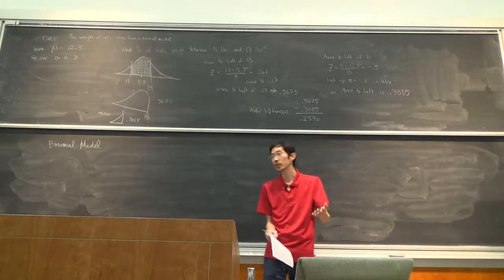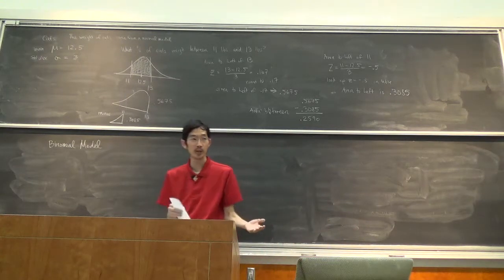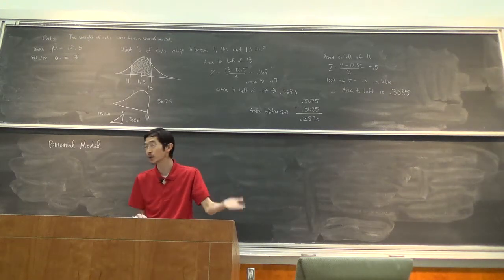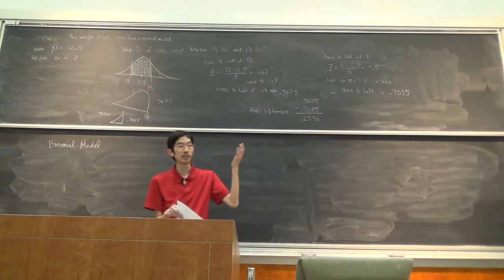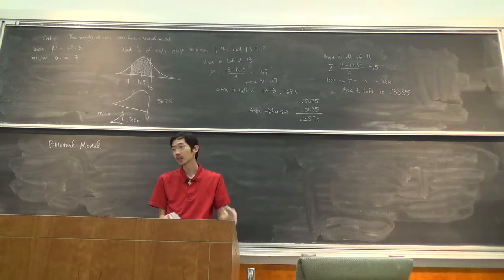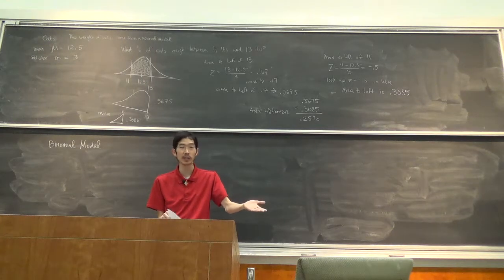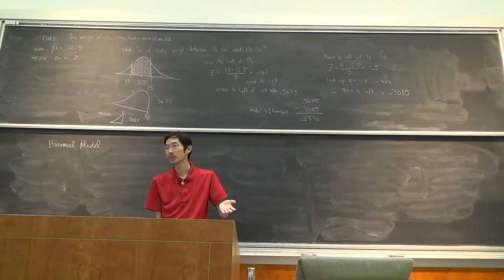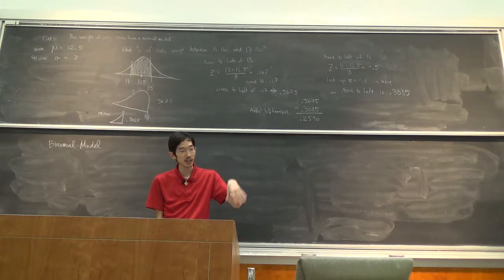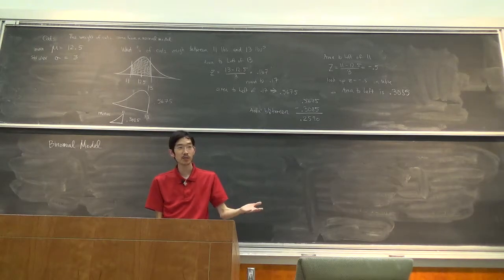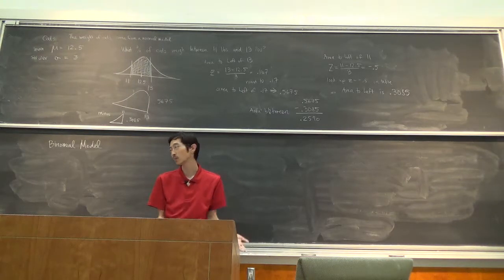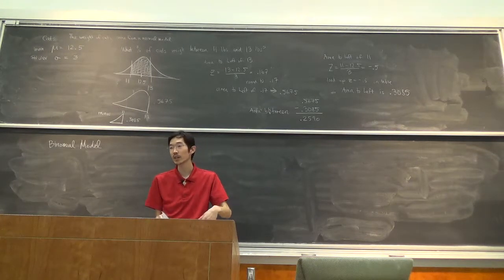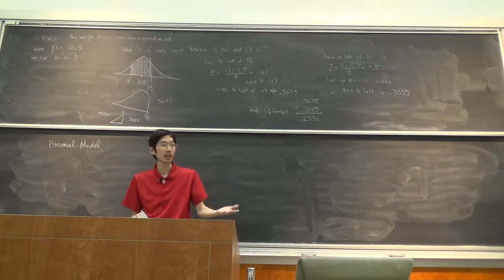Earlier today you had a quiz, and the quiz said you play a game, and the probability of winning the game is 30%. And we said, you're going to play the game 4 times, okay? Every time you play, you can win or lose. And the probability of winning is 0.3 each time. Binomial model problem, okay? So you're just repeating the same thing a certain number of times. Every time you repeat it, you've got the same probability. And every time you play, either you succeed or you fail, you win or you lose, something like that, okay?